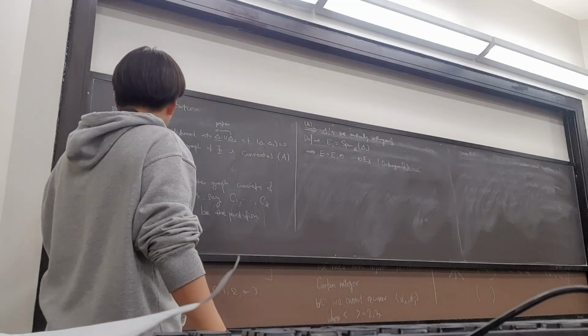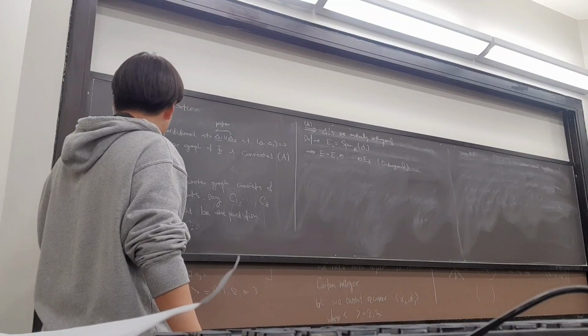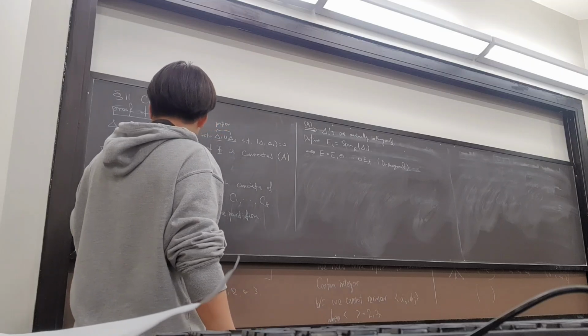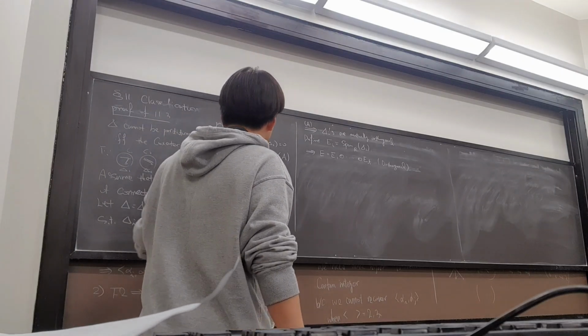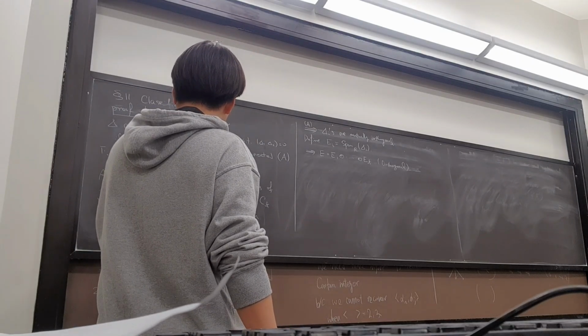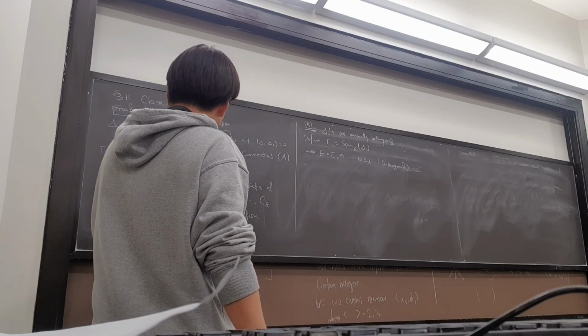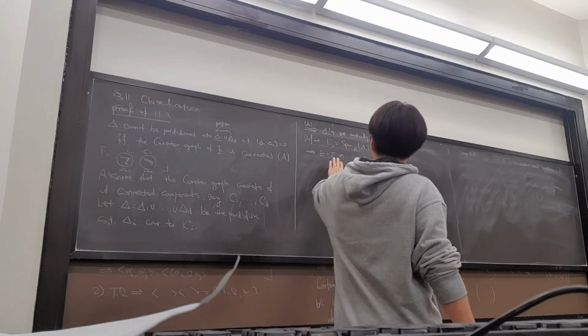And then, because delta is delta 1 union to delta t, and this is a partition, the intersection is empty and they are orthogonal.